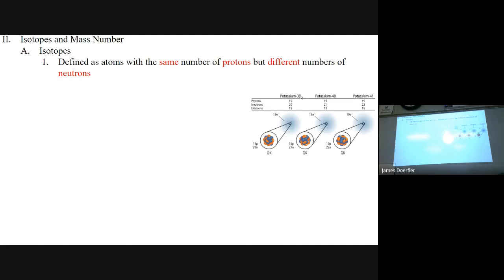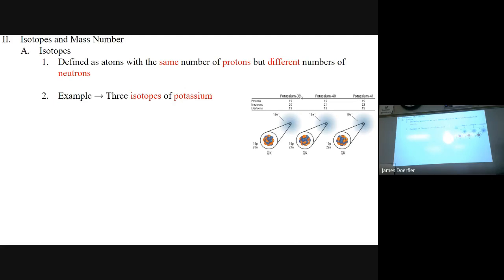The only thing that's really going to change is the number of neutrons. Let's look at potassium. Some elements on the periodic table have just 2 isotopes. Some elements have 3 or 4. It just depends.